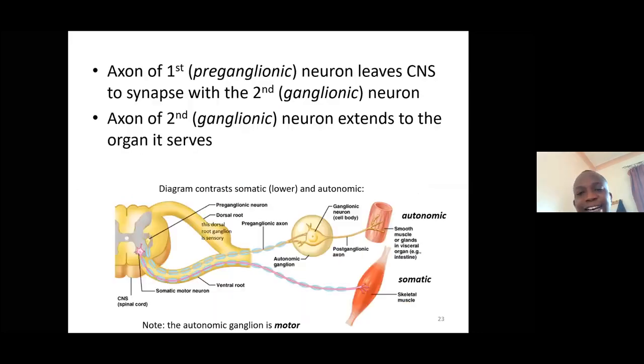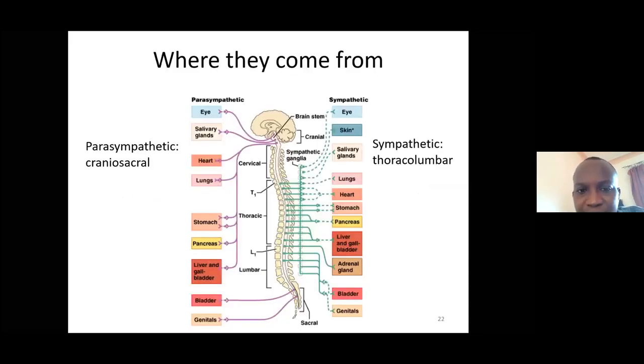As you can see from this diagram, the parasympathetic has long preganglionics and short postganglionics, and it has its source from the cranial nerves and also the sacral. So it is craniosacral. That's where the parasympathetic comes from.